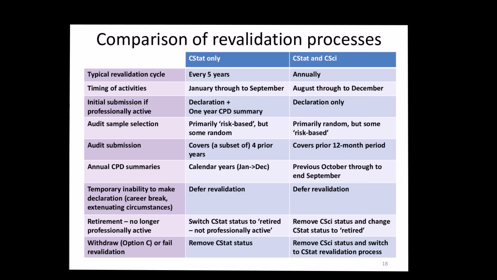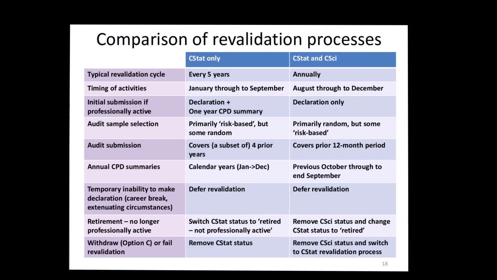So the typical revalidation cycle for the CStat process is 5 years, whereas the CSci process is an annual process. That's one difference. The CStat process runs in the first half of the year, so the dates that I mentioned relate to that, whereas the CSci process runs in the second half of the year, and the previous slides have shown what those corresponding dates are.